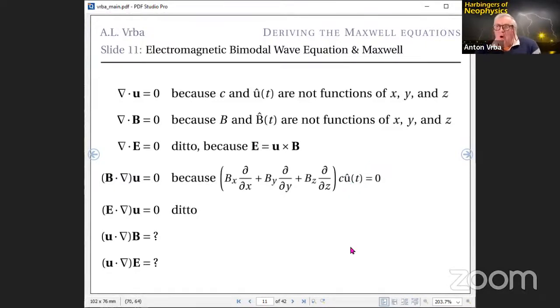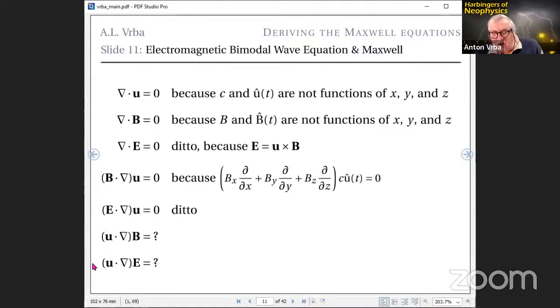It basically also means that in the vacuum, as in deriving the normal d'Alembert wave equation, we always say that the speed of light is independent of position. So these two terms are also zero.